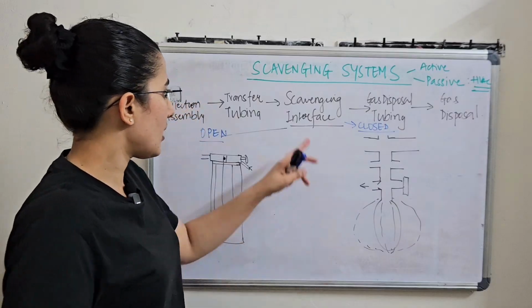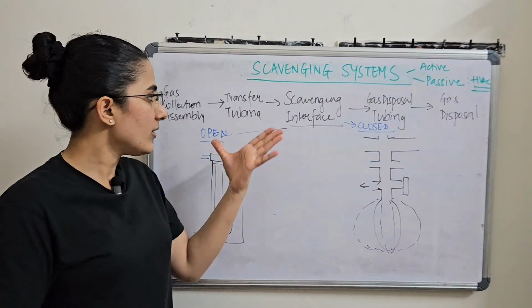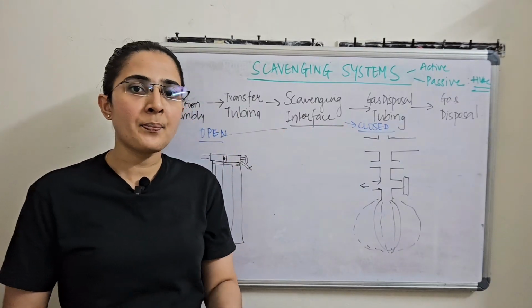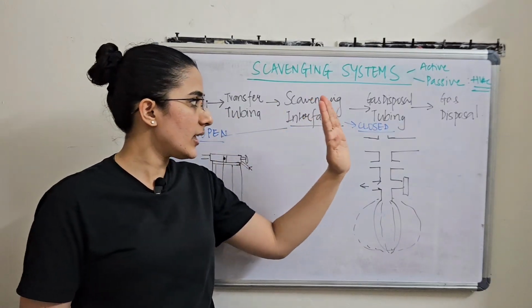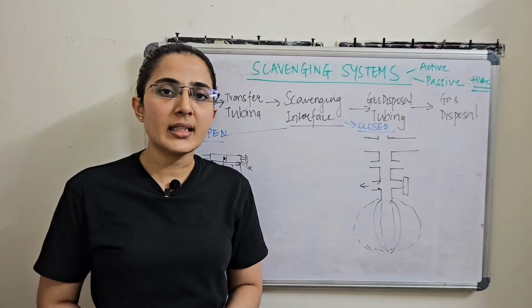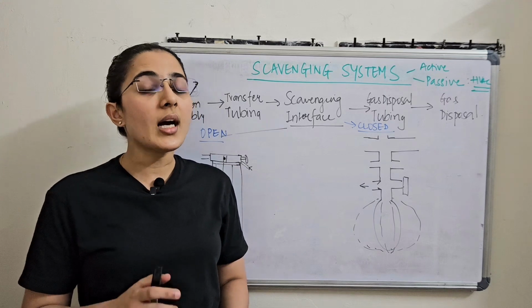Coming back to the scavenging interface, these are of two types: an open interface and a closed interface. Open interface means there is communication of the system with the atmosphere.